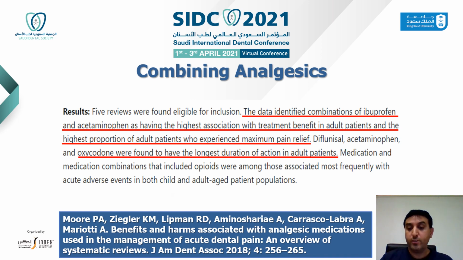If you add oxycodone or codeine products, it will not make a difference in how efficient the pain control is, but it will extend the length of the pain control. So you still have the control by giving ibuprofen and acetaminophen.